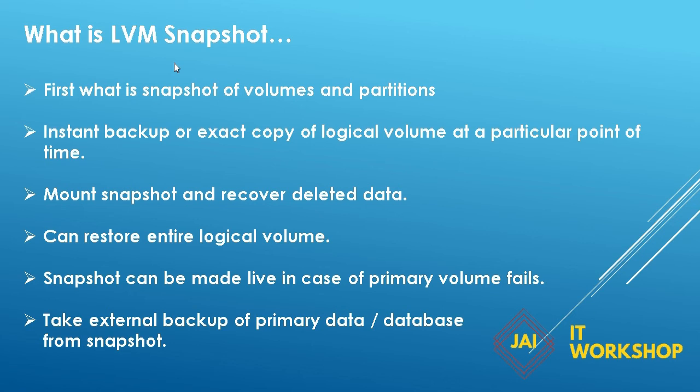So most backup solutions first take a snapshot, and from the snapshot they take the backup and then delete the snapshot. Exactly this happens when you take a backup with a proper backup tool. Same thing you can do here. You take a snapshot manually or by a scheduled command, create a snapshot logical volume, take the backup and delete it.